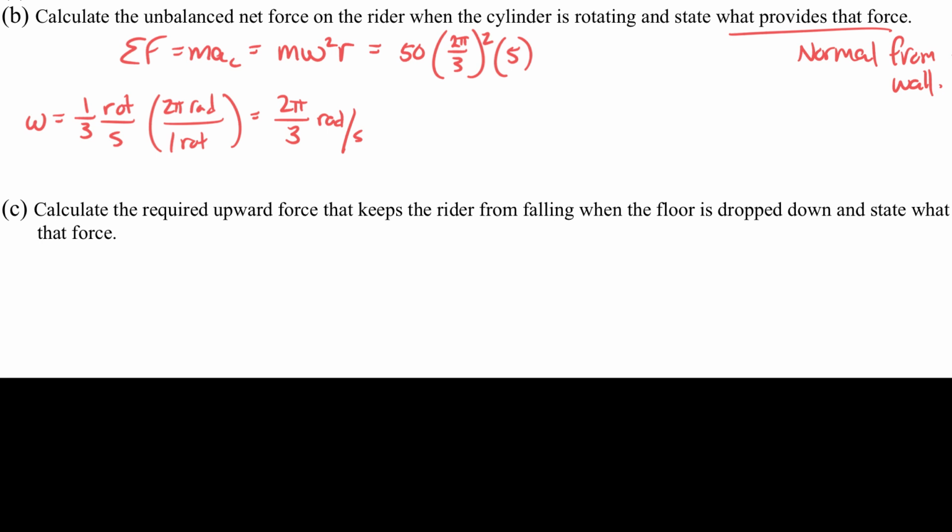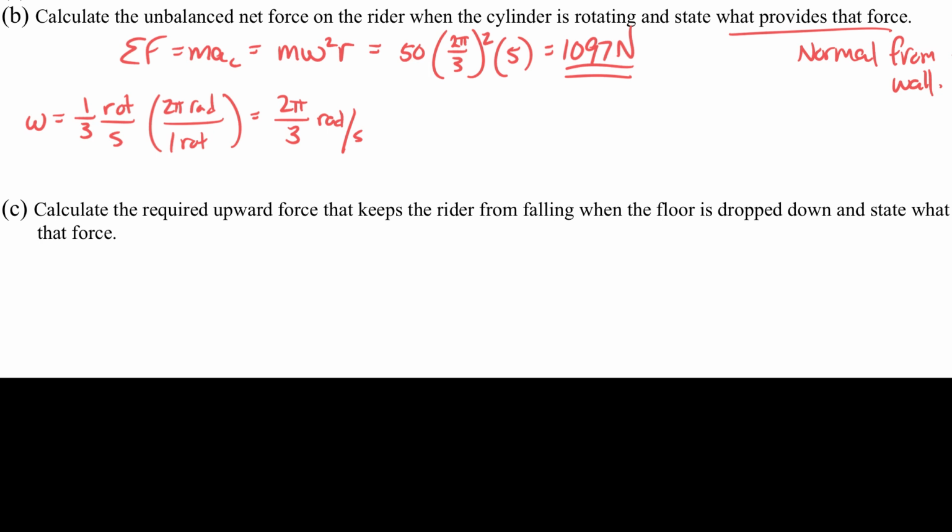I try to model the appropriate behavior, but it's just going to have to be this way. All right, 2.094 squared, 4.38 times 50 times 5. I got 1097 newtons. That has to be the unbalanced force that causes centripetal acceleration.